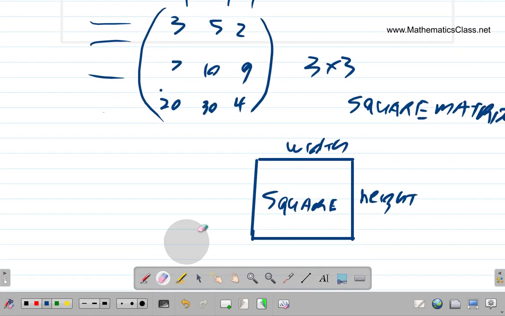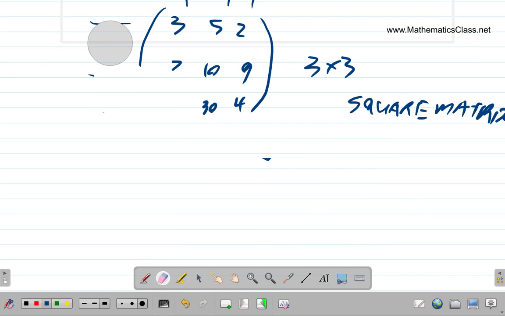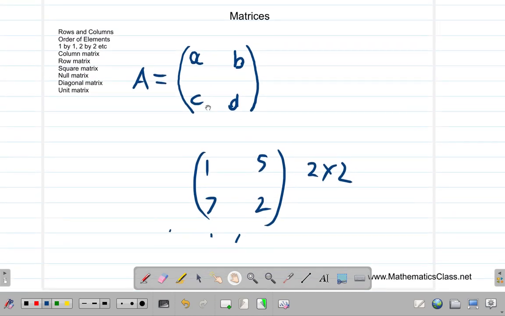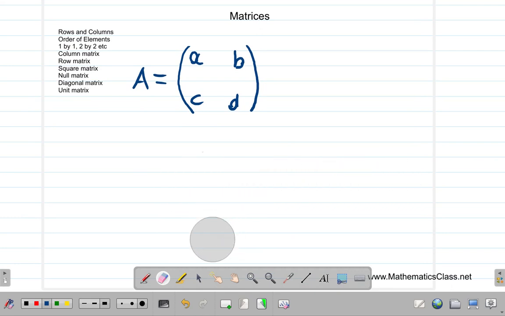Now, let us look at another type of matrix. The diagonal matrix. Matrix is very interesting, and I know you love matrix. You enjoy studying matrices.